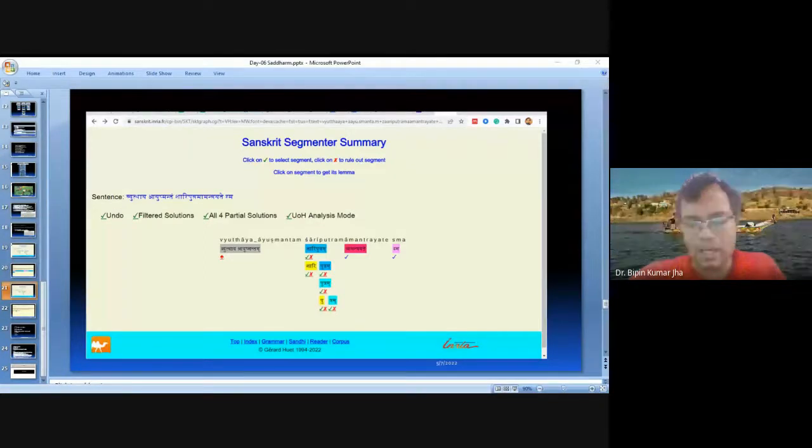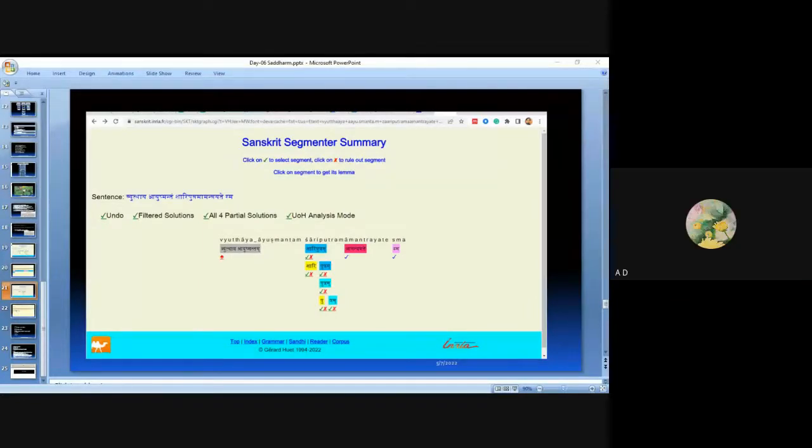Just note it down. That is sanskrit.inria.fr. You can copy it from your inbox, and from that website you can find it. And if you have any other question, yes, Anisha.